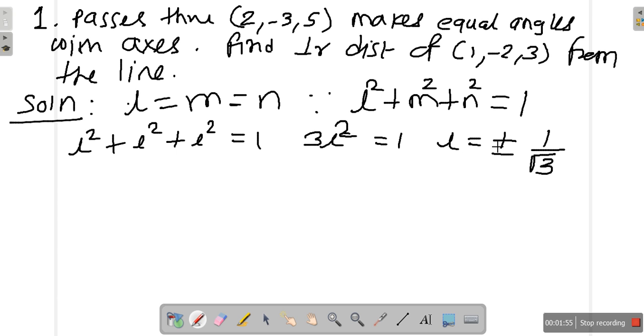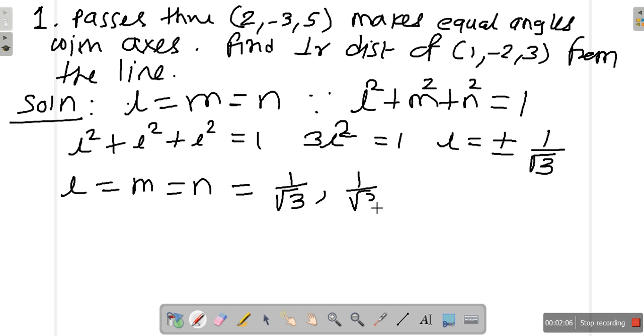I will take only the positive sign, so the direction cosines, since all of them are the same, will be 1 by root 3, 1 by root 3, 1 by root 3.